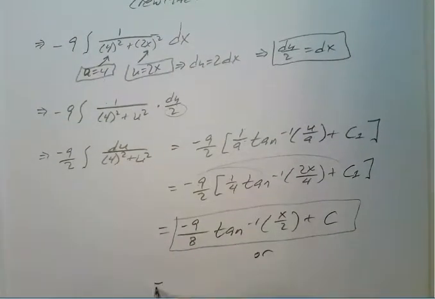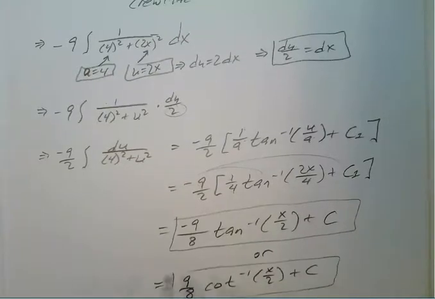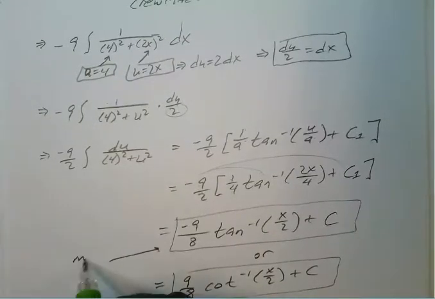Or, once again, you can change the sign and make that 9 over 8 cotangent inverse of x over 2 plus c. And again, that's the most common.